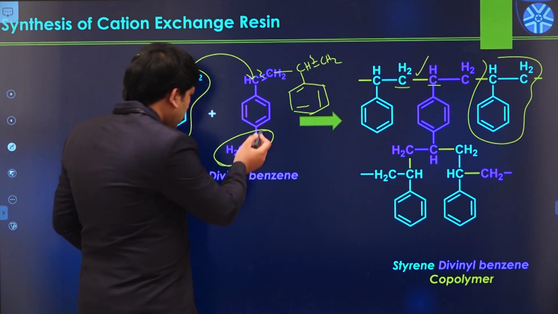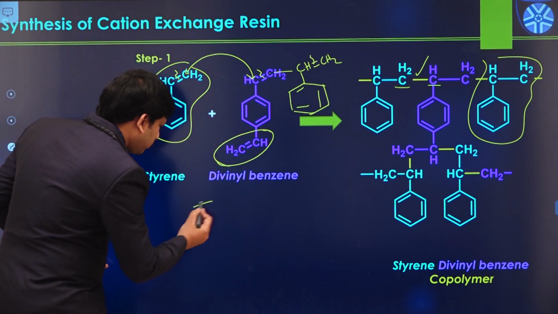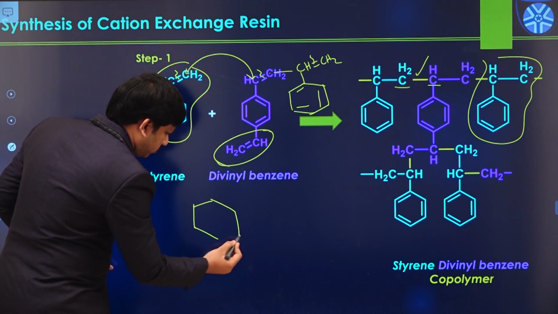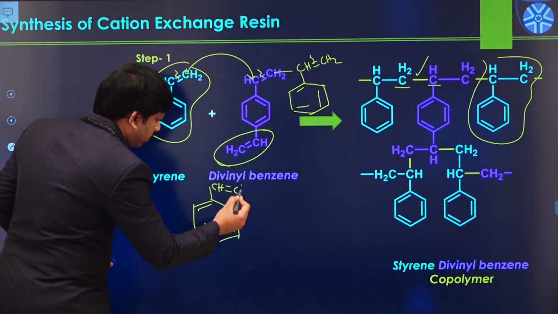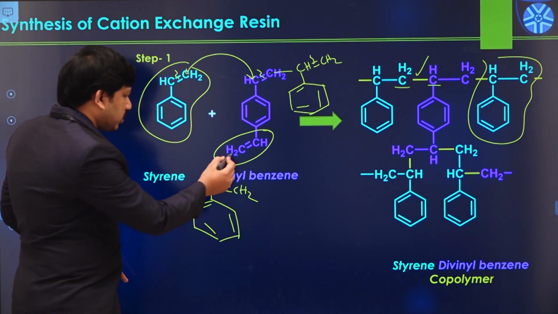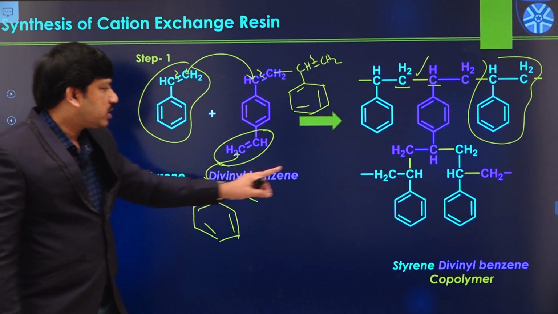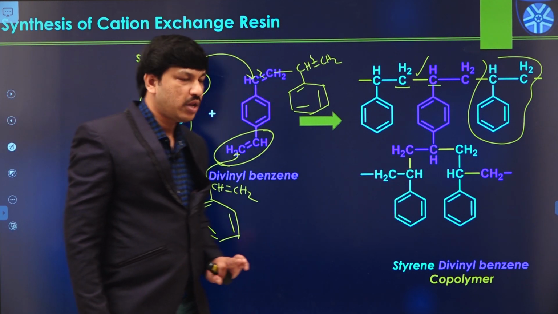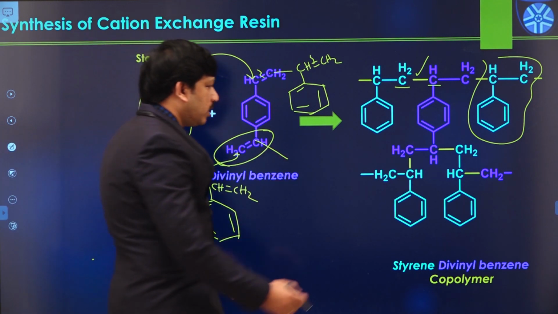Even this unit combines with another styrene molecule. There is a new bond formed between these two carbon atoms, which we represented like this. And this group is also connected to another styrene molecule, that is this one.